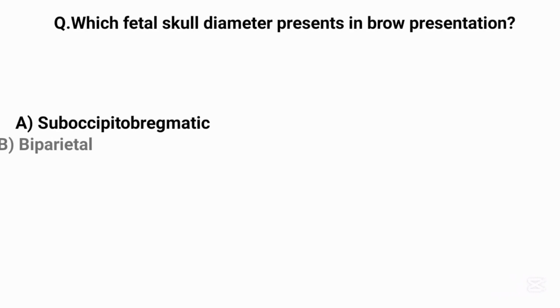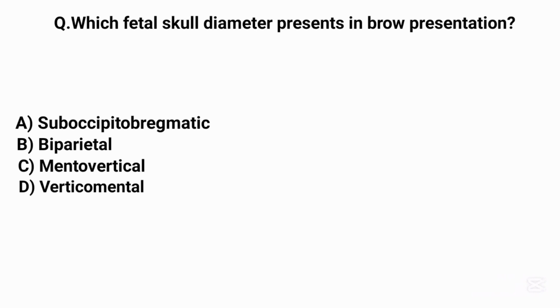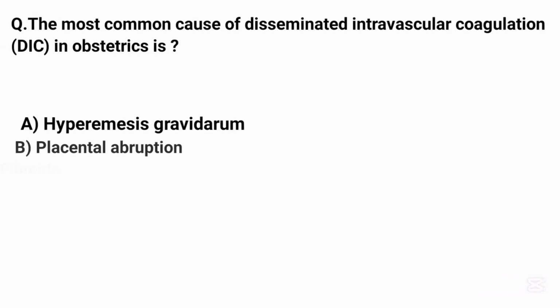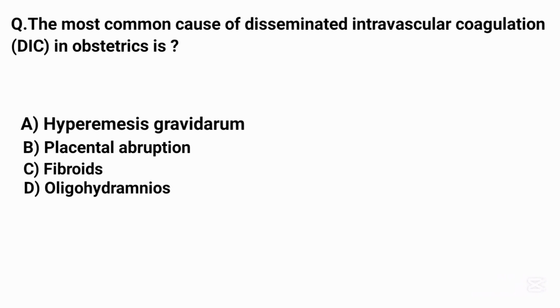Which fetal skull diameter presents in brow presentation? Correct answer is option D, verticomental. The most common cause of disseminated intravascular coagulation in obstetrics is.